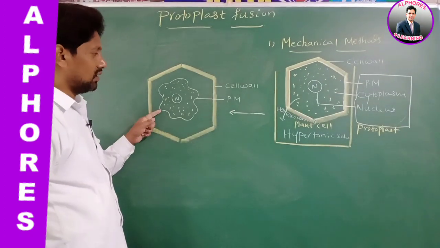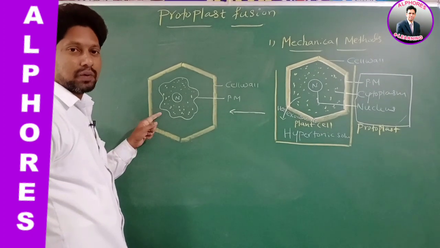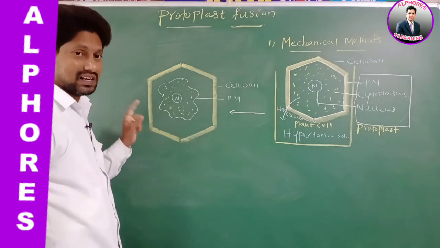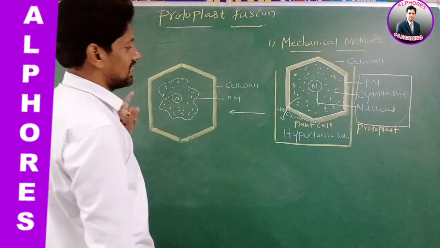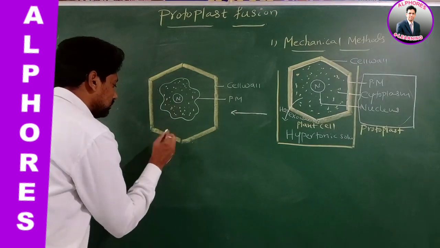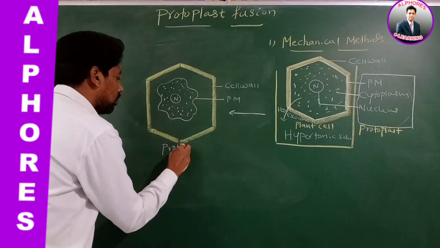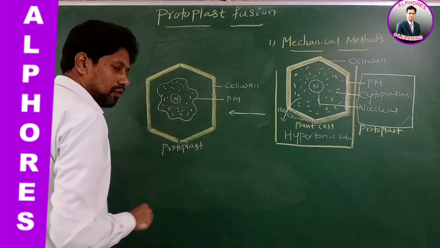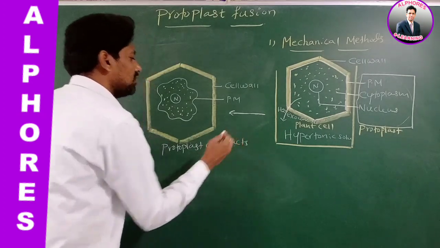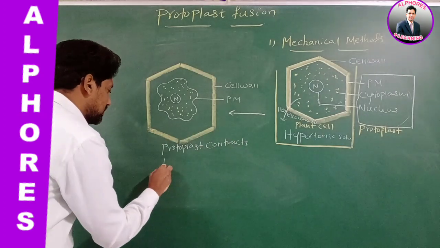It means now this cell is called a plasmolyzed cell because it had undergone what, sir? Because it has undergone plasmolysis. Therefore, what happened here? Protoplast contracts. Sir, if protoplast contracts, what happens?